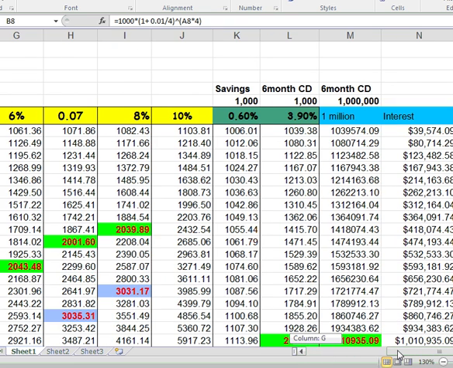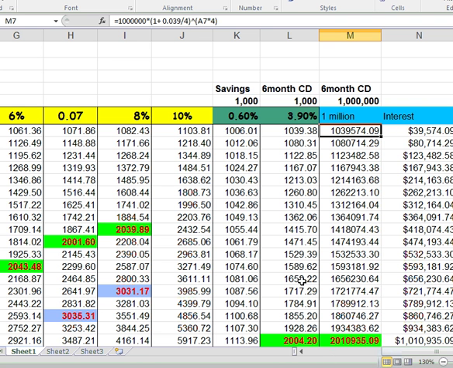If you're trying to give me maybe $1 million every year, this is how much interest I'm going to get. So maybe if you do a 6-month CD right here, and I've got an interest rate of 3 9/10%, I'm going to be making $39,000 that year. So if I just want to keep $1 million in my bank account, then that's a possibility for me. And 24 years later, I should double my money.